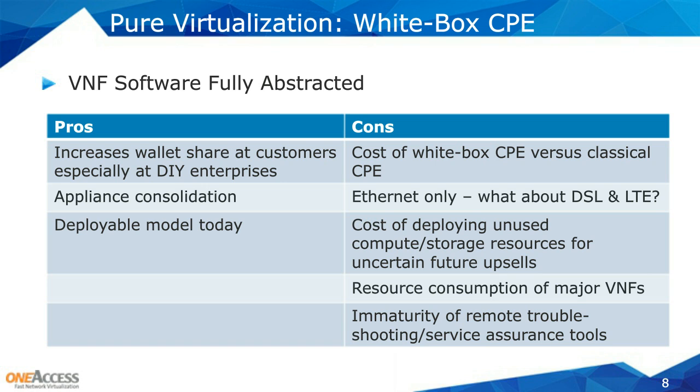There are some issues that surround the white box CPE. Not least is this issue of cost. The white box CPE is based on Intel processors. Intel has a monopoly in this marketplace. And although they're working hard to increase performance for their CPUs for this market, it's still a relatively low volume market for them.